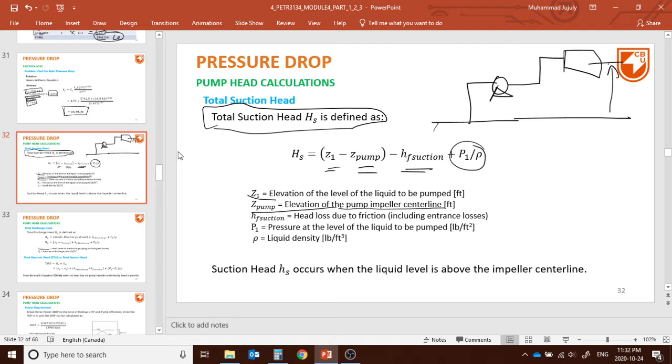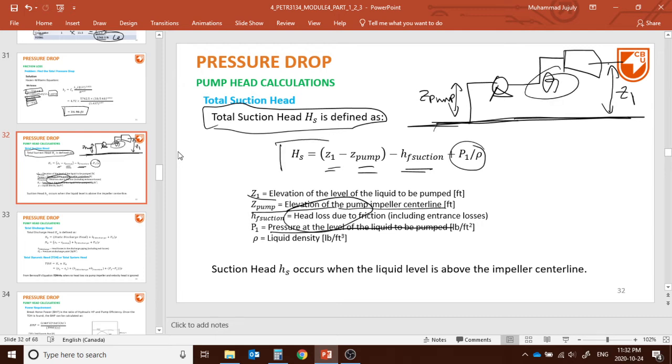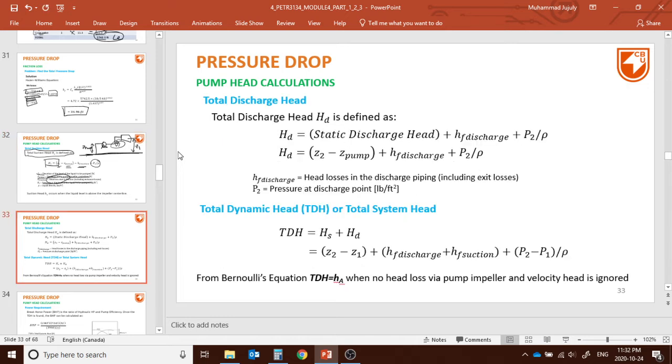This is Z1 and this is Z pump, and this is the base ground. And HF suction is the head loss due to friction, the entrance loss, and P1 is the pressure at the level of the liquid to be pumped. So this one is P1. This is how we can calculate the total suction head.